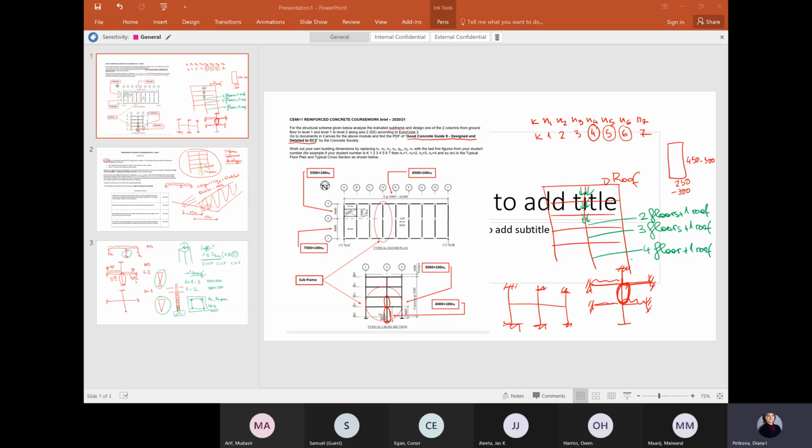But I think in the guide, their foundation is pad foundation, and I think they assume that the soil is not very strong, so the properties are not the best. So in that case, we can go with a pin.